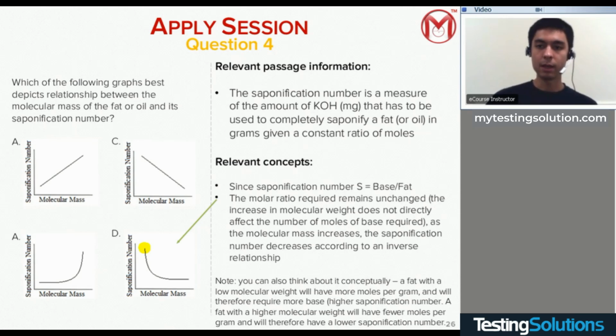And then as the molecular weight increases, let's say it becomes a very, very big molecule, that means that per gram, I actually have a very small number of moles because each molecule is very, very big. And so my saponification number goes down. So I definitely know my answer is going to be C or D here. The question is just the shape, and that's given to me in this graph. It's an inverse relationship, so it has to follow this shape.